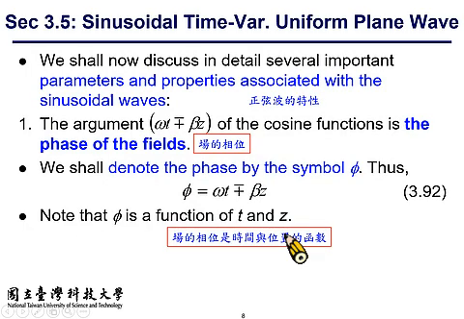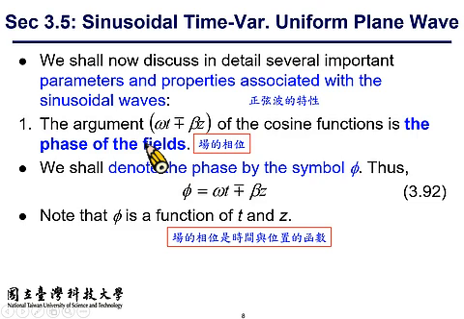Alright, so we shall now discuss in detail several important parameters and properties associated with the sinusoidal function. The first important thing is the argument of the function. As you can see, the argument is made up of omega t minus or plus beta z in the cosine function. And this is actually the phase of the field, which can be represented as parameter phi.